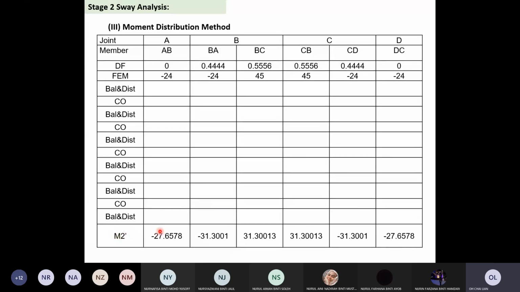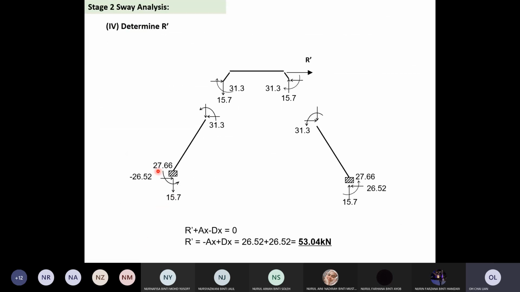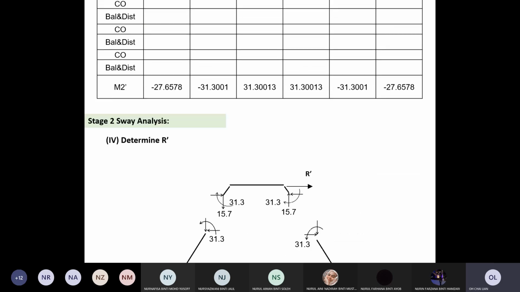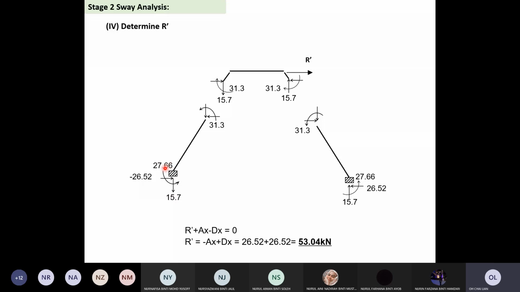For example, I will do one of it: negative 27.6 for AB, which means counterclockwise. So you can place it here, counterclockwise, 27.6.